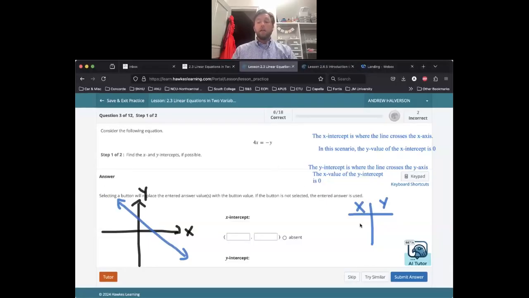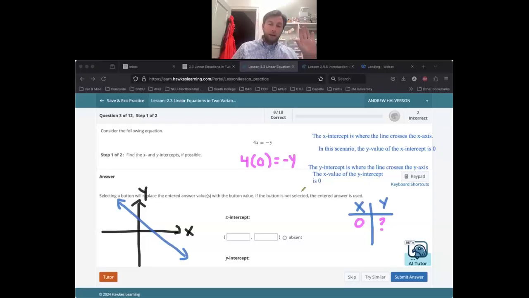Well, the y-intercept is the value you get whenever your x value is 0. When the x value is 0, you get the y-intercept. So basically just take 0 and plug it in for x, and then solve for y.